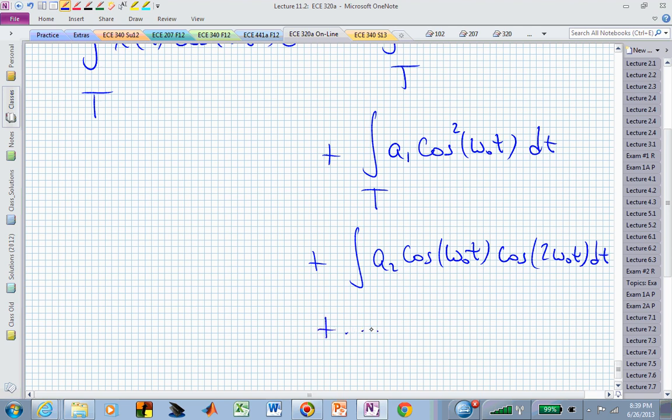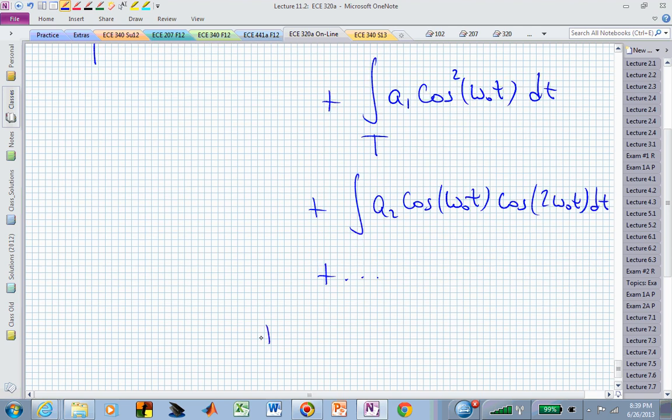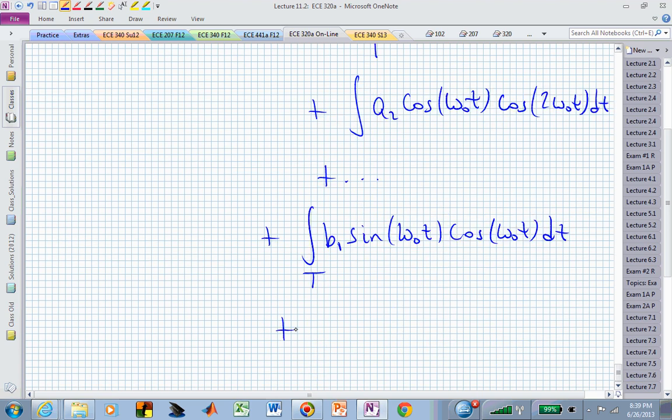And we can keep going with all of those cosine terms, and we also have all of our sine terms. We have b1 sine omega naught t times cosine of omega naught t dt, and that's over one period T, etc., etc.